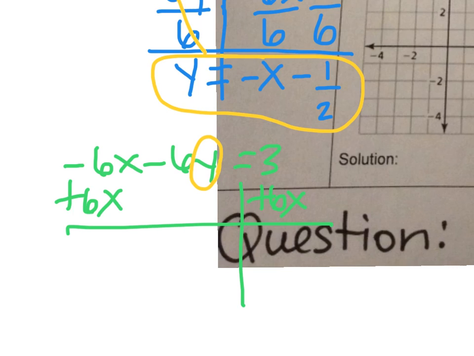The negative 6x and the positive 6x will cancel, so we bring down the negative 6y, bring down your equal sign, and a positive 6x and a positive 3 we cannot combine, so we just list them out. 6x plus 3.